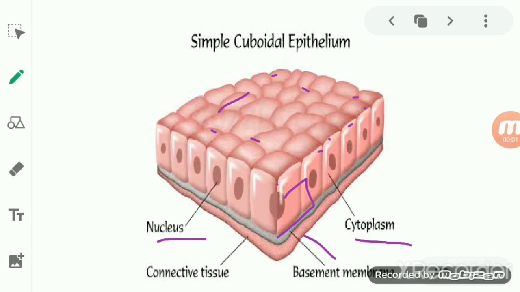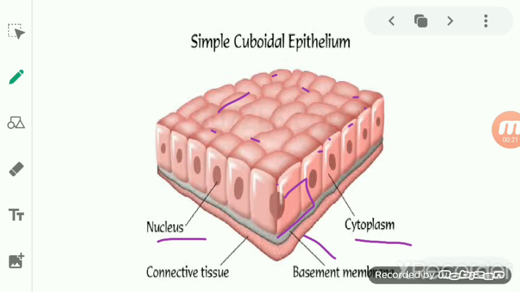Now we will see another type of epithelial tissue, and that is known as cuboidal epithelium. When we say cuboidal, the name indicates everything: it is a cuboid shape, meaning it consists of cube-like or cubical cells.